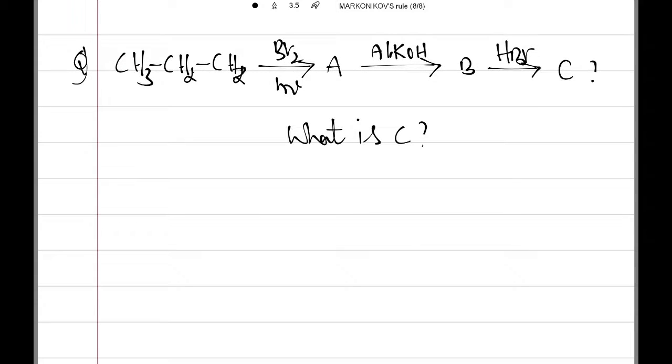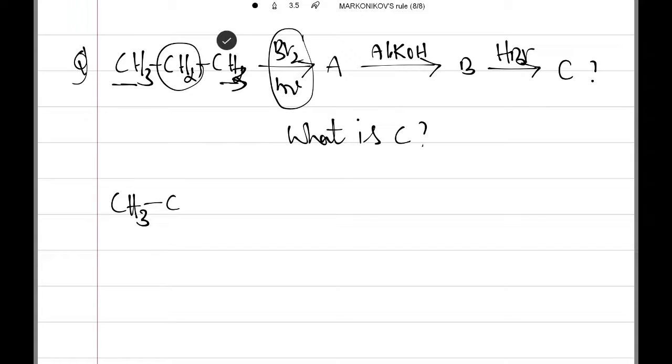Okay, right. So what is C? If you go through the mechanism, I will write it this way: CH3. This is simply a free radical substitution reaction on the alkane. Which is the more reactive hydrogen here? There are primary hydrogens and secondary hydrogens.